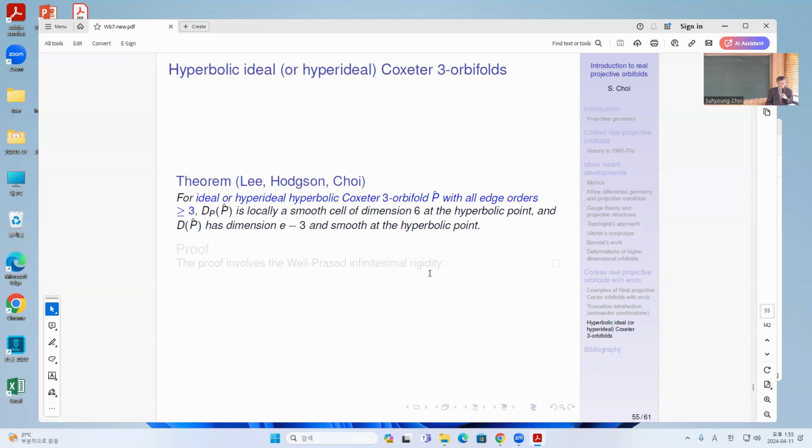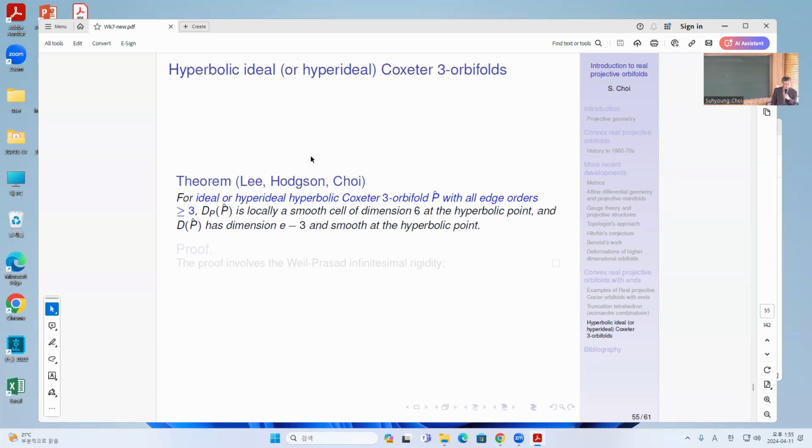Suppose you can give an orbifold structure to this, and it admits a hyperbolic structure. That's what I mean by ideal ones. Hyper-ideal ones can allow vertices outside the hyperbolic space in the projective model.